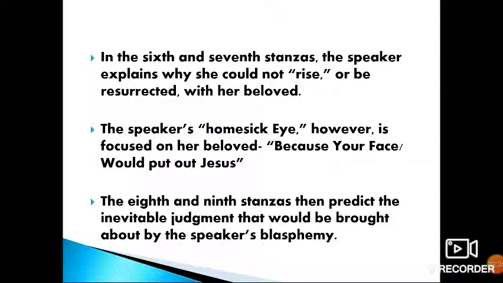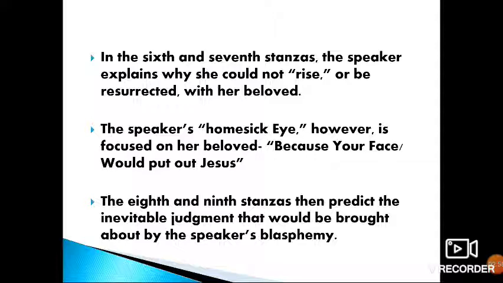Now in the 6th and 7th stanzas, the speaker explains why she could not rise or be resurrected with her beloved. Her reason is that resurrection to the new grace of Jesus requires placing Jesus at the center of one's life, acknowledging him to be metaphorically the brightest sun.